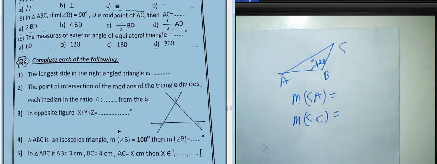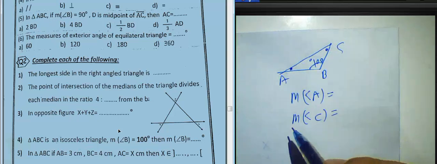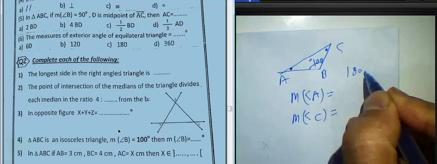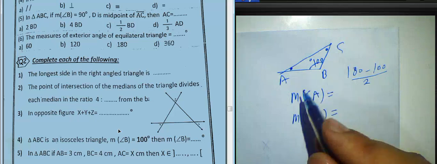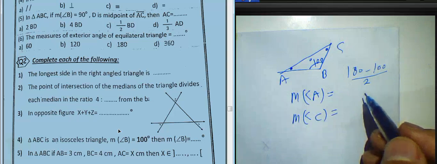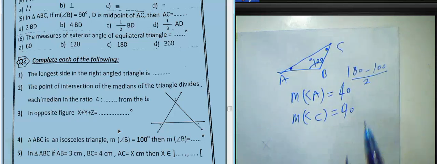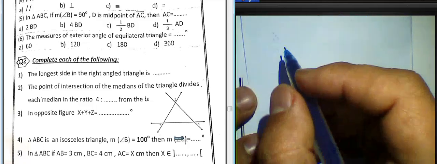So we must find the measure of angle A and angle C. Angle A equals angle C equals 180 subtract 100, divided by 2, because the sum of interior angles of a triangle equals 180. It will be 40 degrees. So we write the measure of angle C equals 40 degrees, or the measure of angle A equals 40 degrees. Never mind. Okay, question number 5.